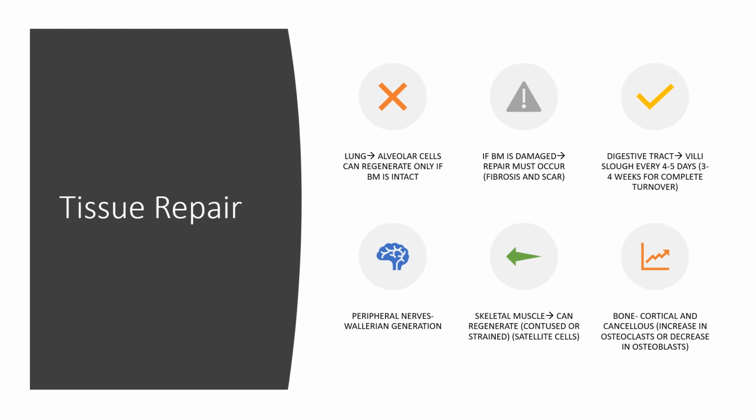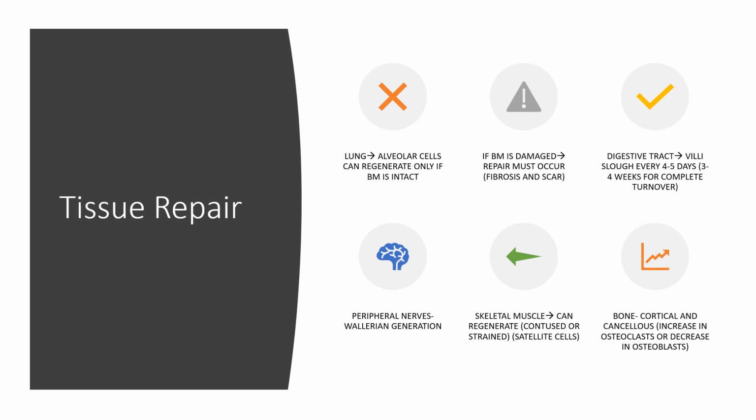If you're not getting proper regeneration of gas exchange and surfactant, there's going to be a lot of respiratory complications that are going to arise. If the basement membrane is damaged, there must be some type of repair, and that repair is going to result in either a fibrotic repair or a scar formation.